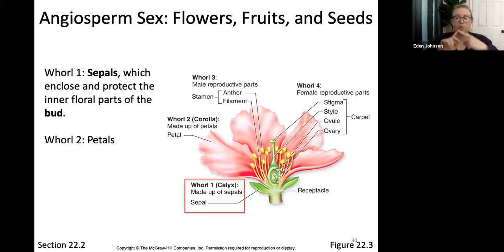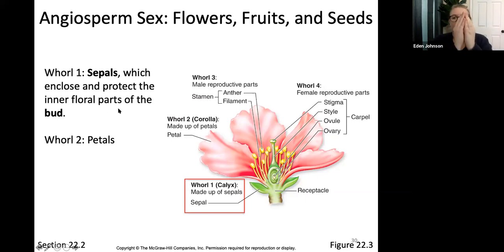So your first whorl is called the calyx. We're just going to call it the sepals. So the sepals, if you look at the bottom of any flower, think about a rose. At the base of a rose, you have those little bitty, tiny leaves. Well, that's because they are modified leaves. They're called the sepals.